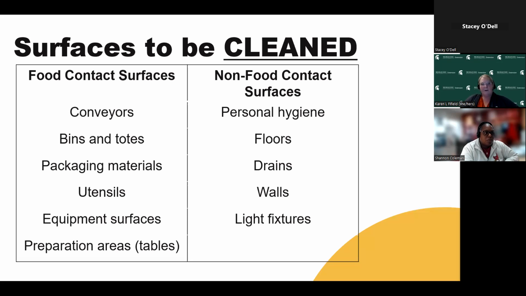Sanitation standard operating procedures will have to have step-by-step instructions for the type of detergent and the type of sanitizer that you're going to be using for your particular facility, which is going to be individual to what you do and what you have in your facility, so it will be specific to you. Sanitation of food contact and non-food contact surfaces will be discussed more in depth a little bit later in our program.